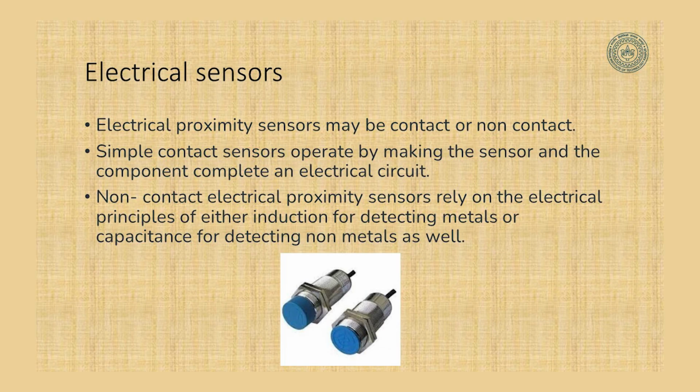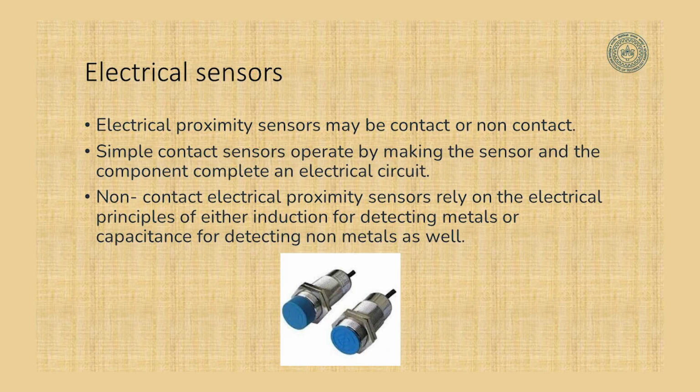Simple contact sensors operate by making the sensor and the component complete an electrical circuit. When there is contact between the sensor and the object, the circuit is completed, and once the circuit is completed, then you know that the object is in touch with the sensor. Because the circuit is completed, an LED may glow or there might be some electric current flowing.